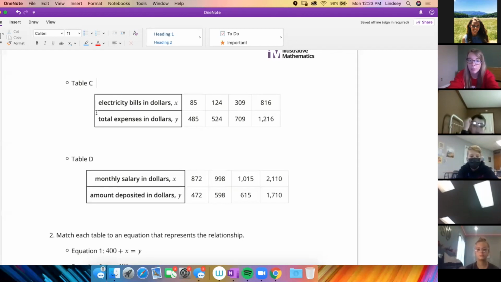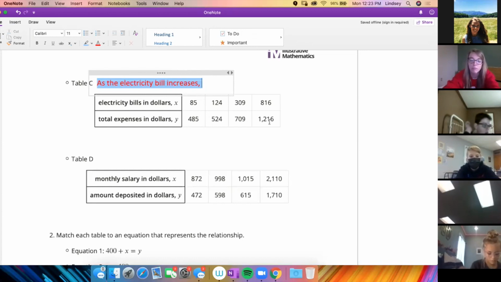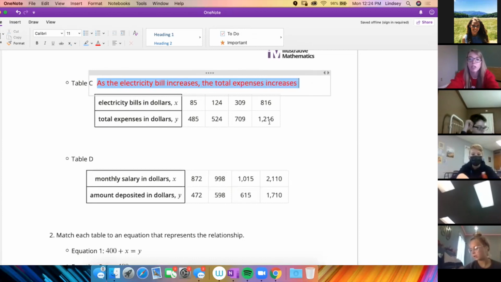Okay, what about them? What happens as the electricity bill increases? As the electricity bill increases, what happens to my total expenses? It increases as well. Good. The total expenses increases.